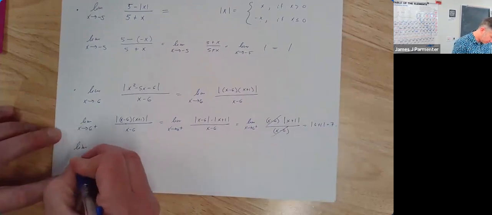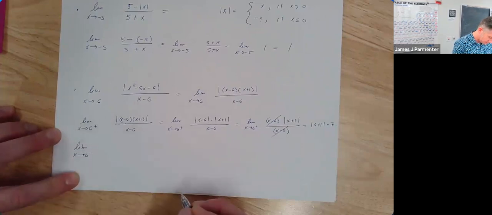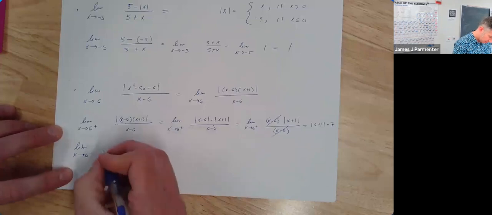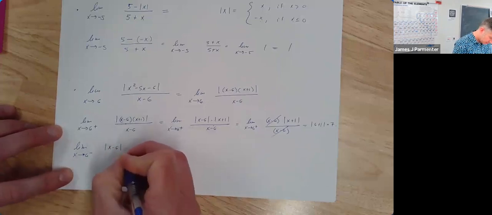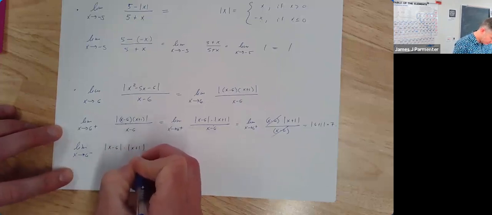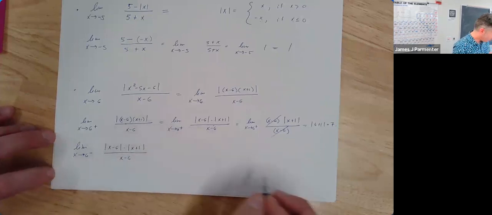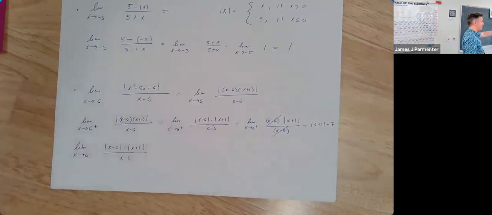If we approach 6 from the left, I'm going to skip from this step to this step here. This is where I think it's actually interesting. So x is a tiny bit less than 6, which means that x minus 6 is negative.